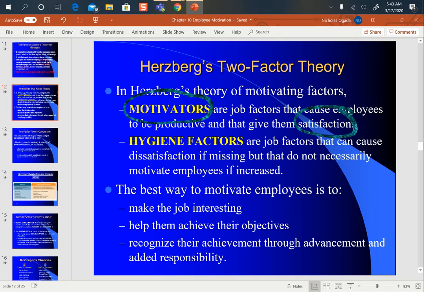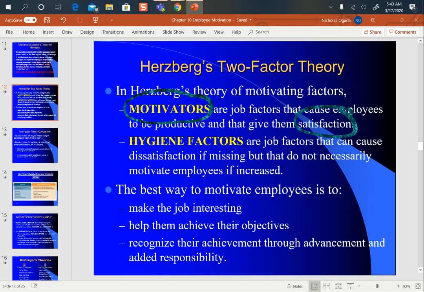So the best way to motivate employees is, for example, because this theory looks at some factors that are in the work environment: if you make the job interesting, it will be one way of resulting in employee satisfaction.